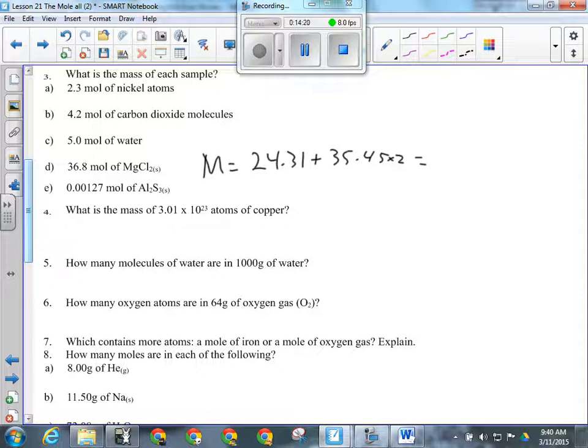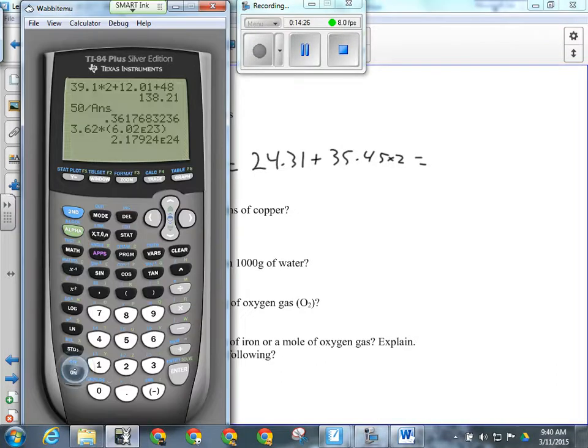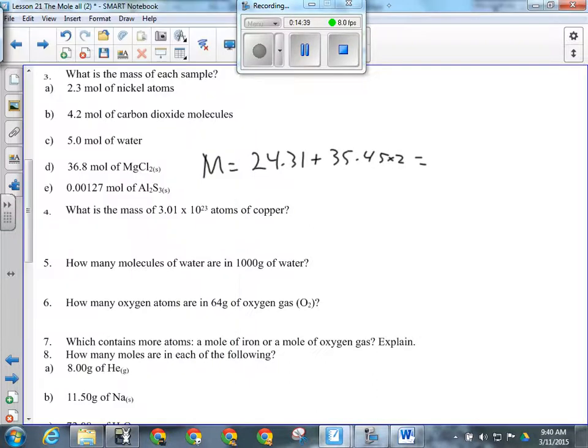No, 100.21, is that right? Yeah, let's go 24.31, plus 35.45 times 2, 95.21. Yeah, good thing we checked. So 95.21. All right, so there you go.